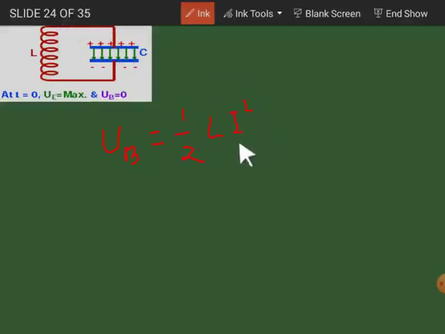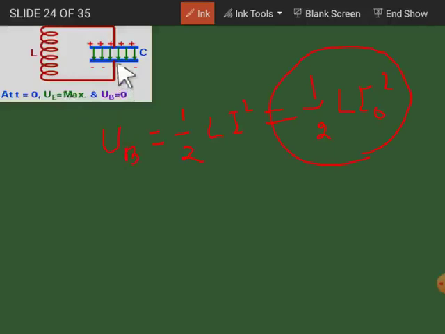This will give you the instantaneous potential energy stored in the inductor in the form of magnetic field. Its peak or maximum value will be equal to half L I naught square, the maximum potential energy stored in the inductor in the form of magnetic field.